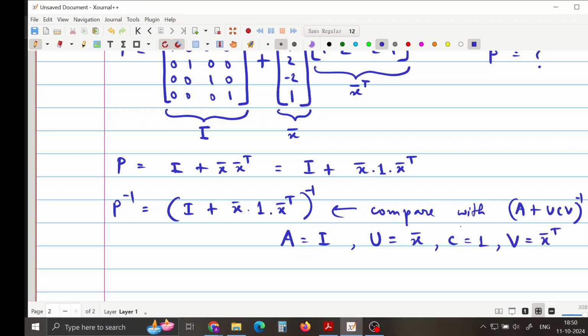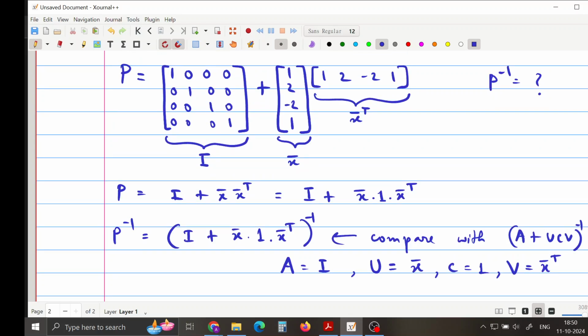Okay, and the conditions are met. A is identity, which is easily invertible, the inverse of identity is identity itself. U is x bar, which was our column vector, and a column vector is also a tall matrix. You can treat it as a tall matrix because it has only one column, but in this case it has 4 rows, so more rows than columns, right? It's a tall matrix, and V, which is the transpose of that, is now a wide or flat matrix with more columns than rows.